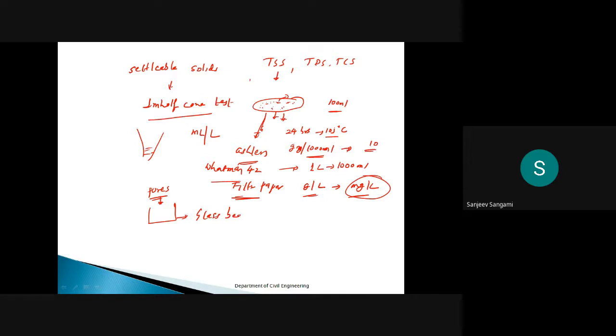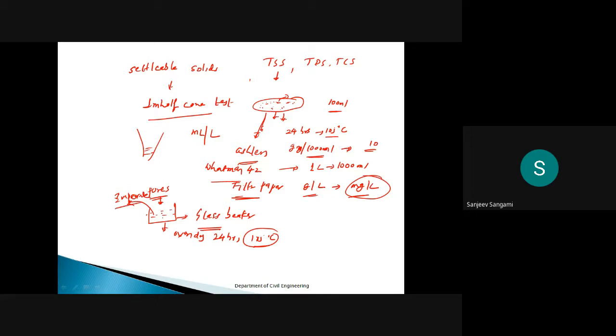Then again, you have to oven dry it for about 24 hours at 105 degrees centigrade. Automatically, all the water, the 100 ml collected in this, is going to evaporate.